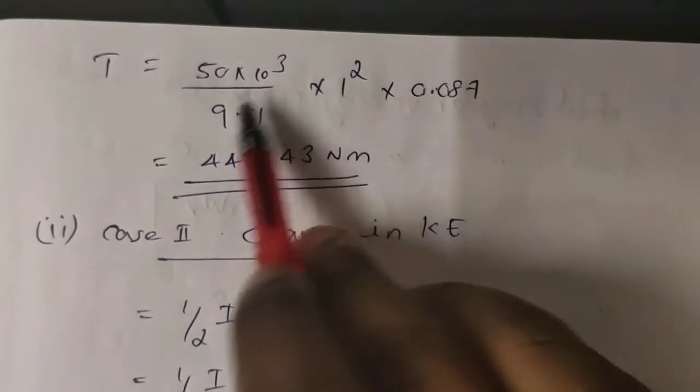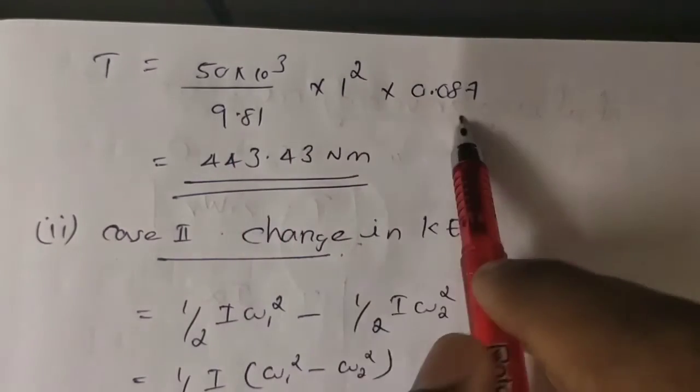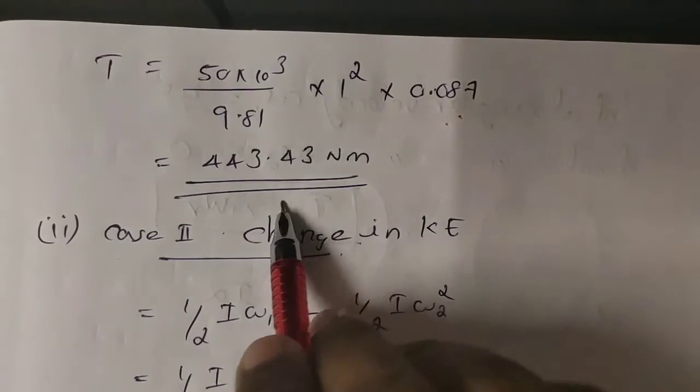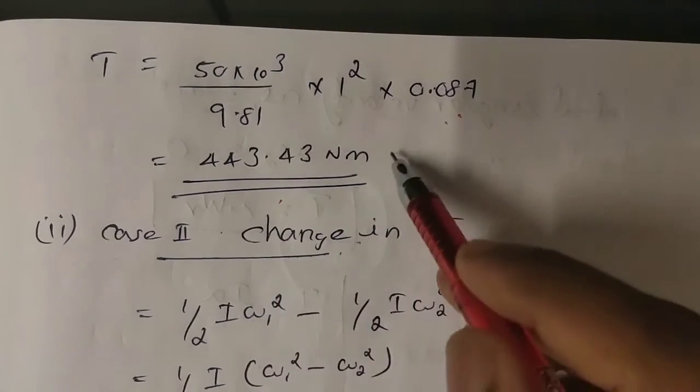Then we substitute the values of m, k and alpha and we will get the T value. So this is the torque.